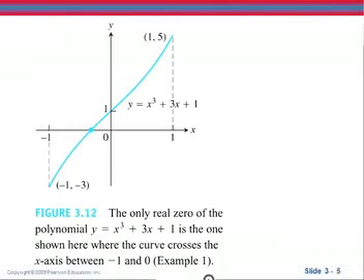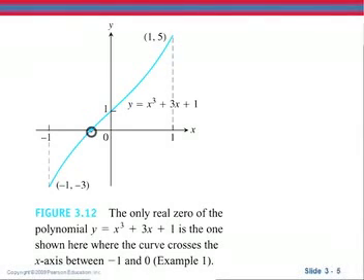Now remember, the intermediate value theorem said since y is -3 at x equals -1 and y is +5 at x equals 1, there has to be a 0 between there, as long as it's a continuous function, which all polynomials are. The only way we can go from a negative y value to a positive y value in an interval is for it to pass through 0 somewhere. So it does pass through 0.